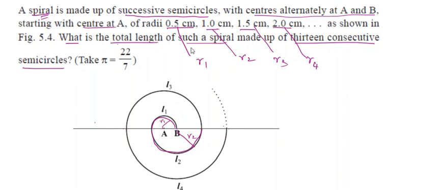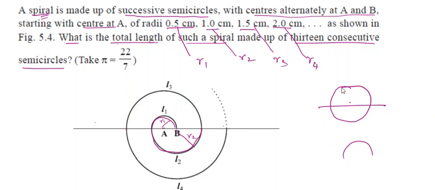Now, what is asked here? What is the total length? See, if it is a simple circle, you can find it very simply, which is nothing but the circumference, 2 pi r. Now let us cut this into two. So you have one semicircle like this.